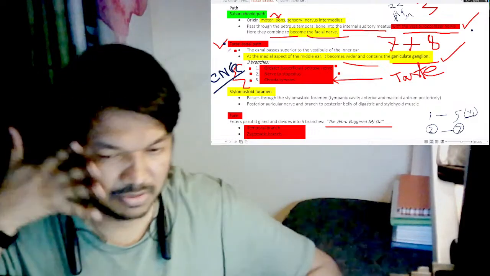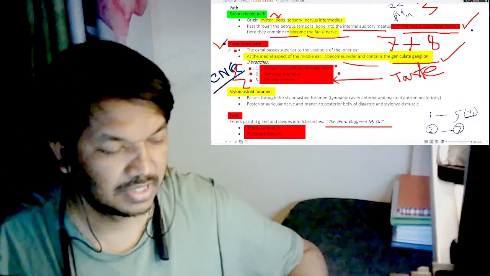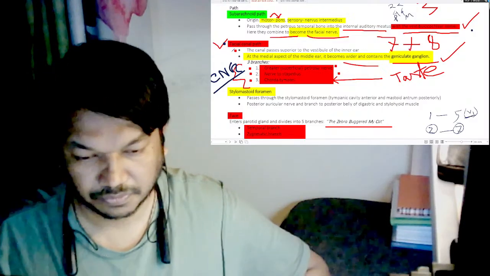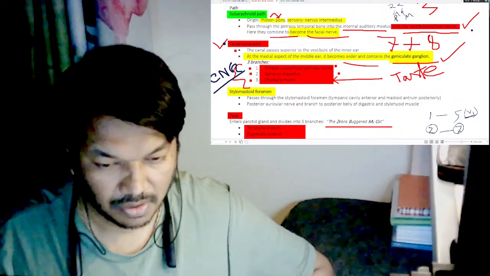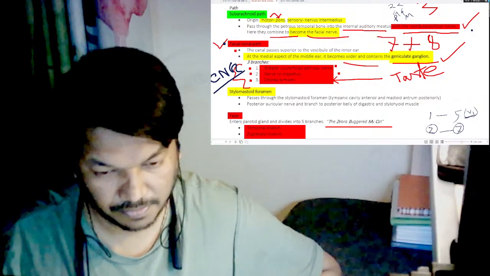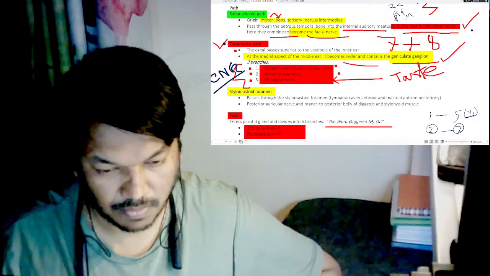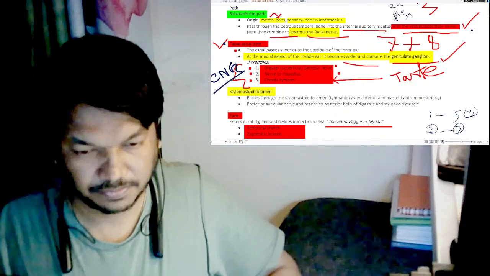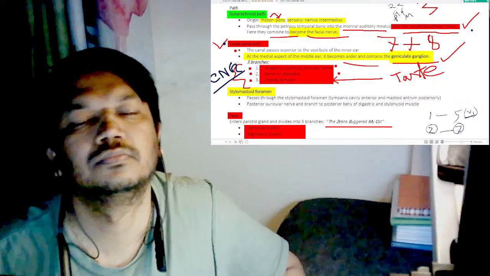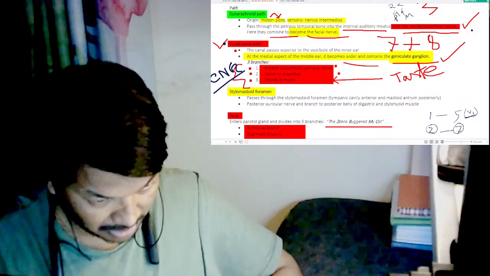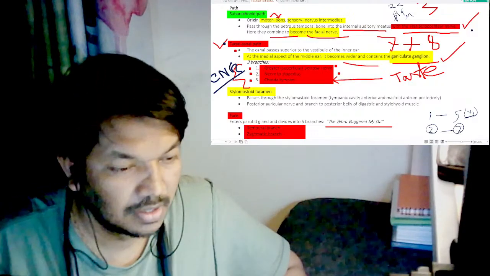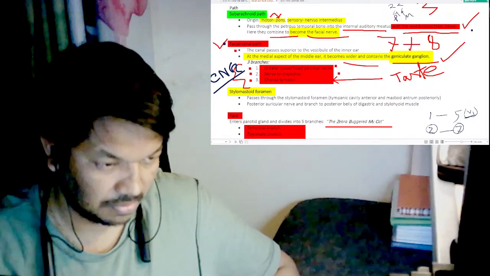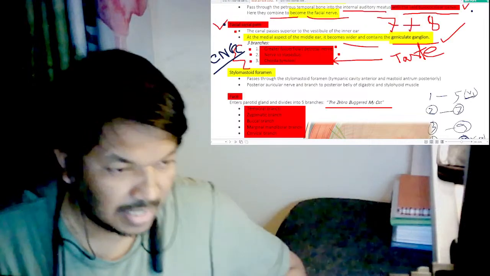We are reading about the facial nerve. First, it gives branches in the facial canal: three branches, chorda tympani, nerve to stapedius, and greater petrosal nerve.